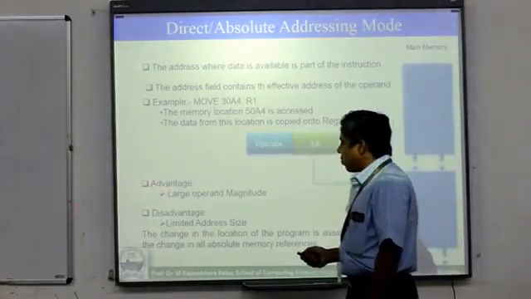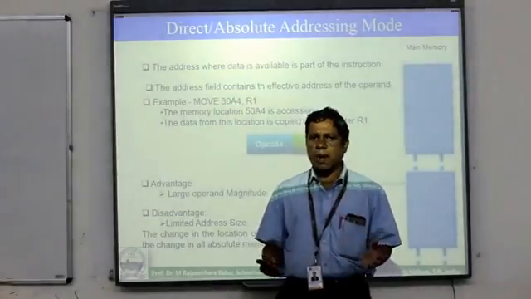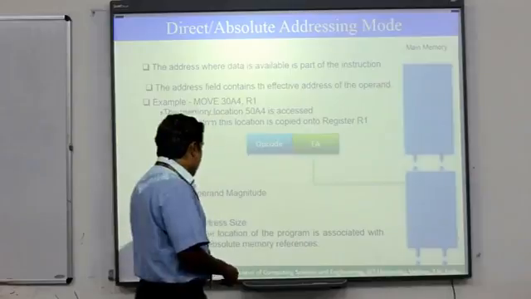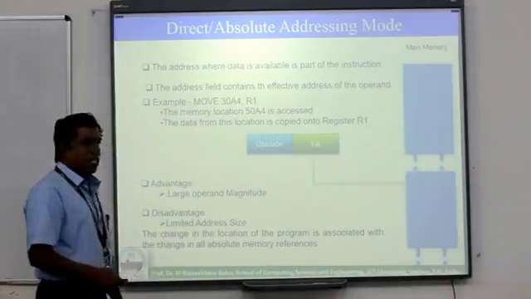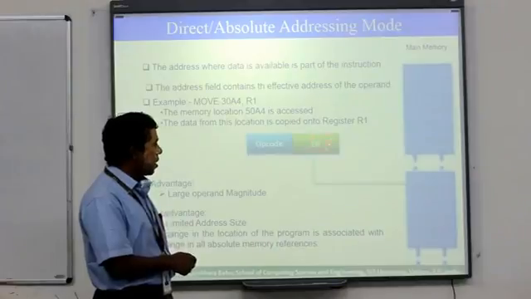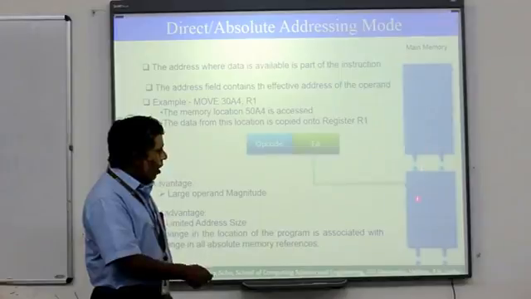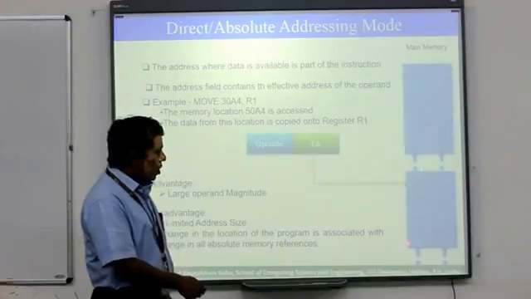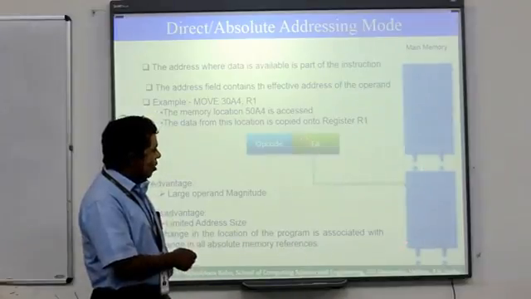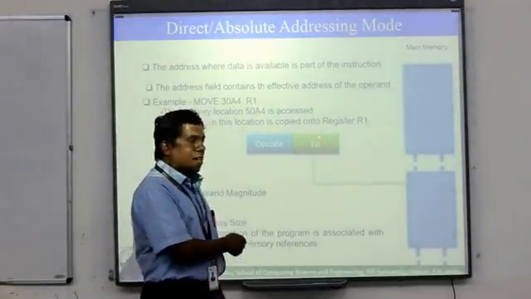Coming to the advantage, it can handle large operand magnitudes. But what is the disadvantage? Limited address size. If the size of this address field is limited, for example the memory address is 16 bits whereas this field is 8 bits, it is not possible to store the 16-bit address here.